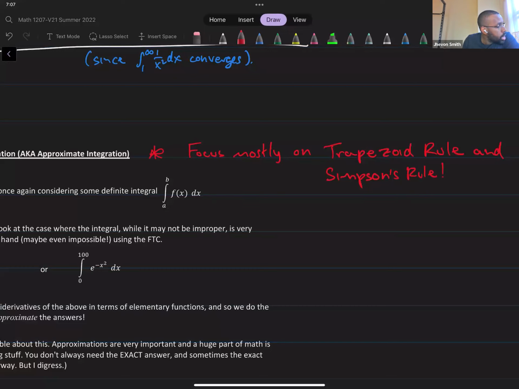But there are actually more rules that you're expected to know, but you actually saw some of these back in Calc 1, so there's really no need for me to go over them.